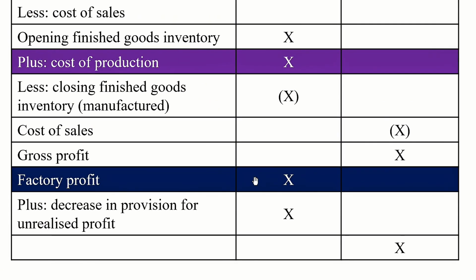The factory profit that we found in the manufacturing account, plus decrease in provision for unrealized profit. Add these two to the gross profit, and then you continue preparing your income statement.